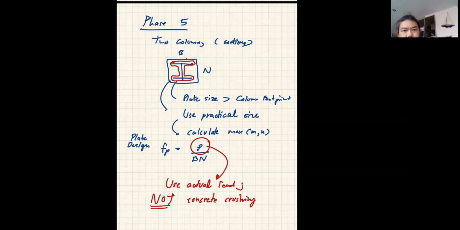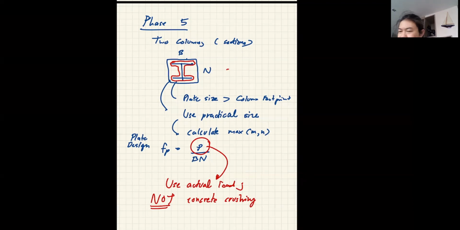Sometimes you get the load from the column, design the size of the base plate, and then calculate the concrete crushing strength to compare with the load that your concrete has to carry.